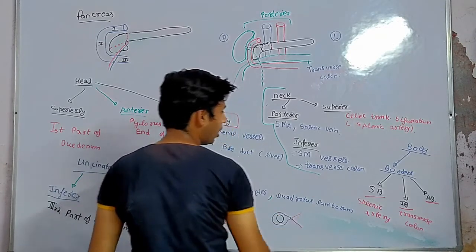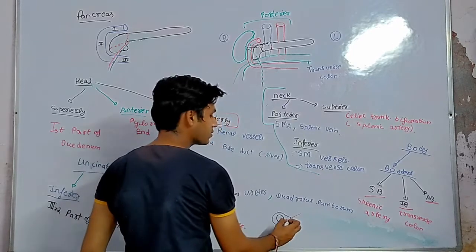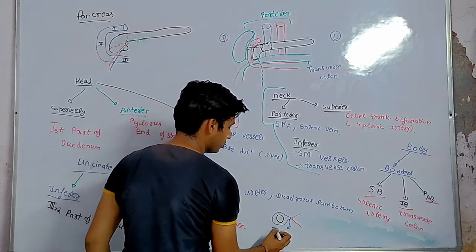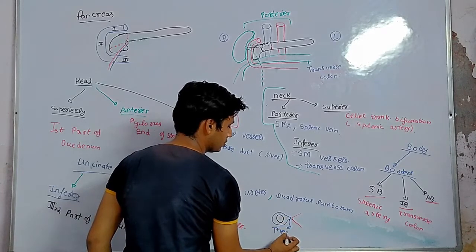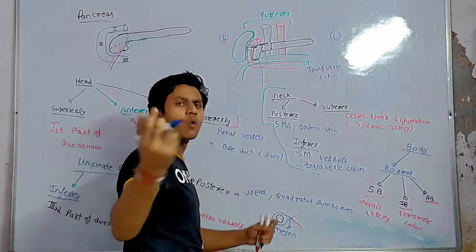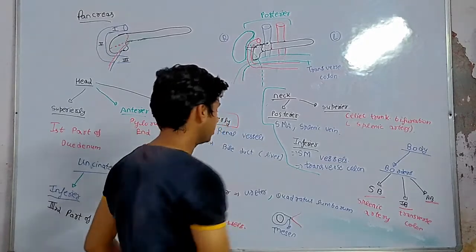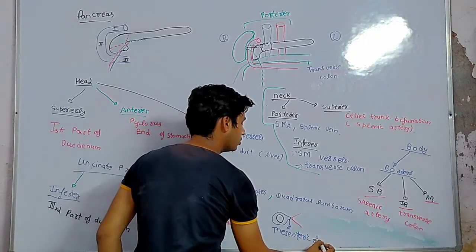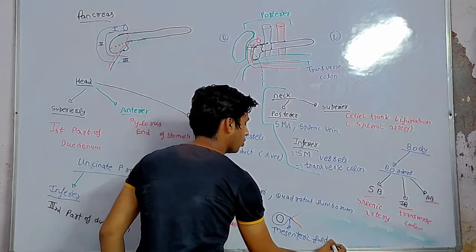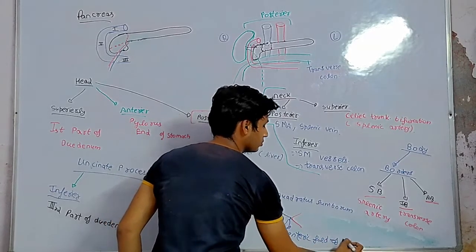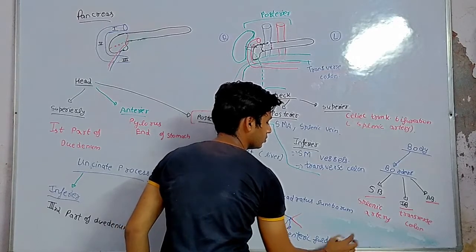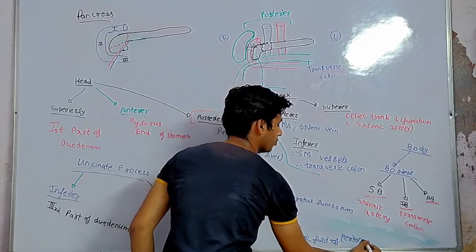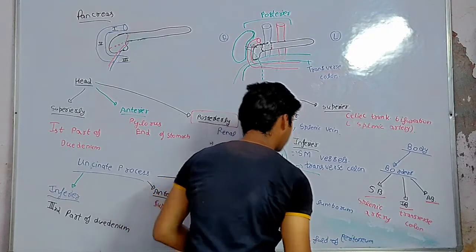So this is called the mesentery of the transverse colon, the transverse mesocolon. Mesentery means just a fold of peritoneum which connects posteriorly. This peritoneal fold is called the transverse mesocolon.